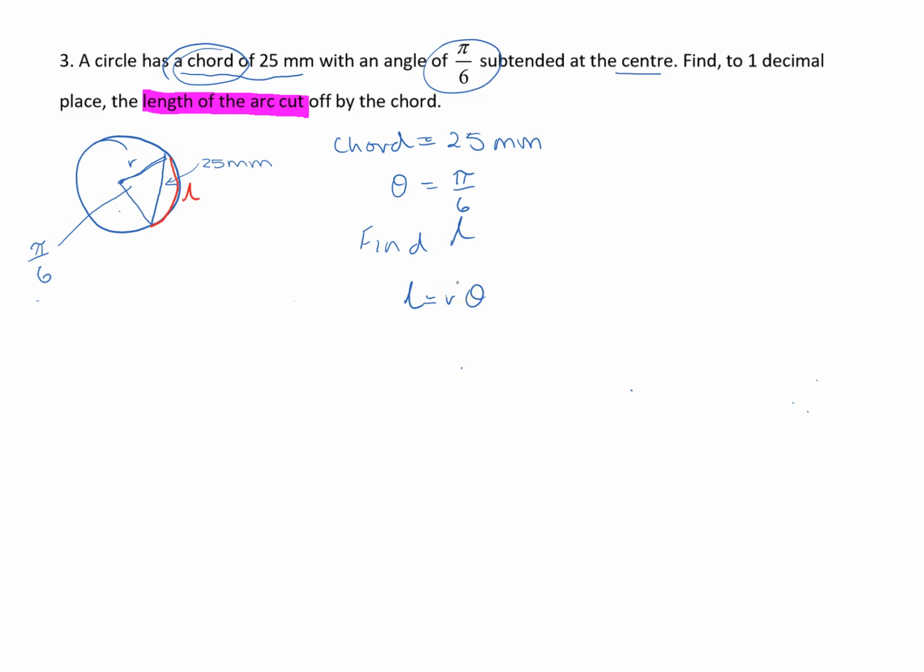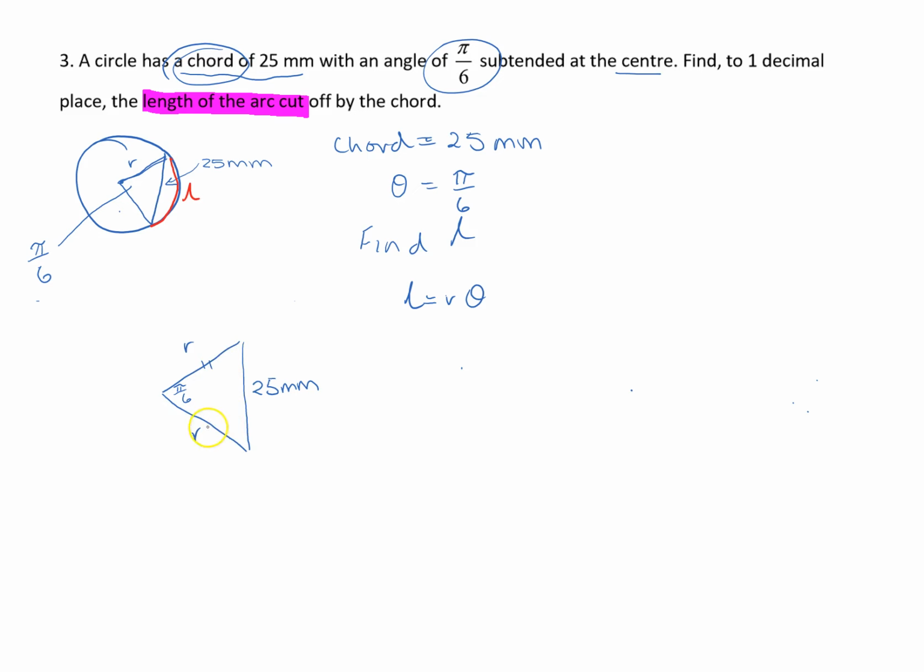Now, what I can see from the diagram is that r is part of a triangle, where this side is 25 millimetres, and this angle is 30 degrees, or pi on 6. That was 30 degrees.